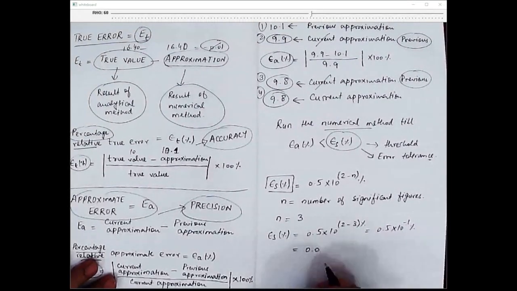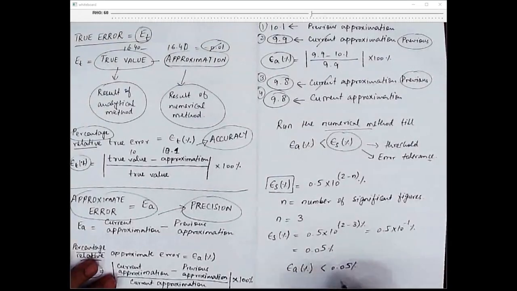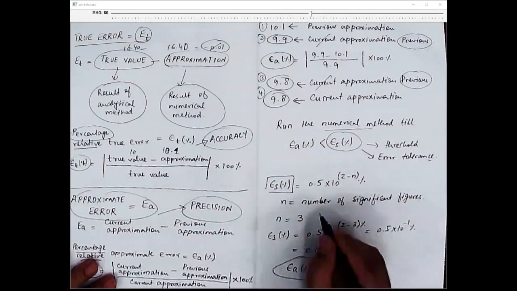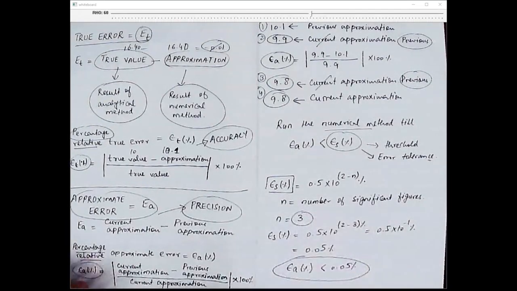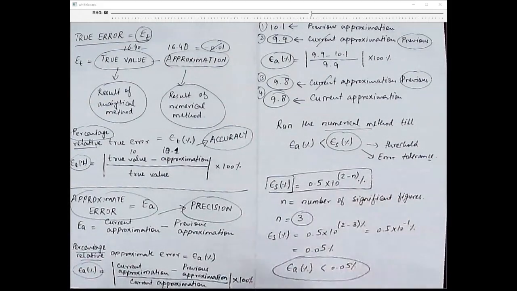This means ES should be equal to 0.05%. So this is the value of ES, and I have to achieve EA less than 0.05% to have 3 significant figures. So this formula relates significant figures and ES.